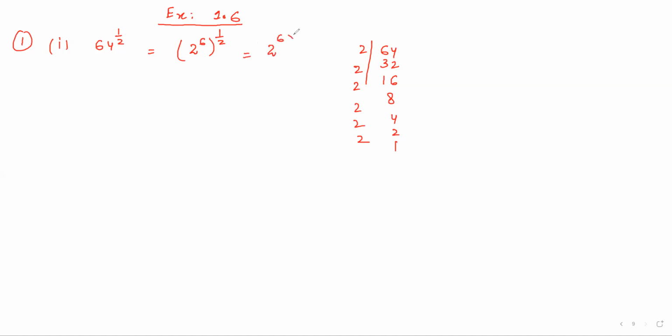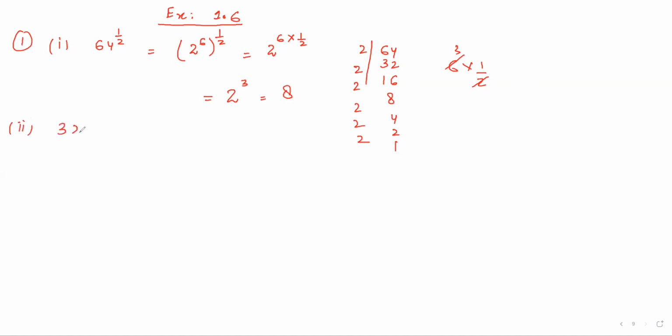So 2 to the power 6 into half, which equals 2 to the power 3, since 6 into 1 by 2 means 3. And 2 to the power 3 means 2 into 2 into 2, that is 8. Clear?